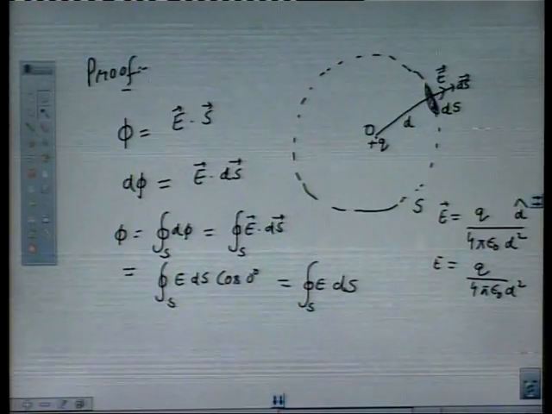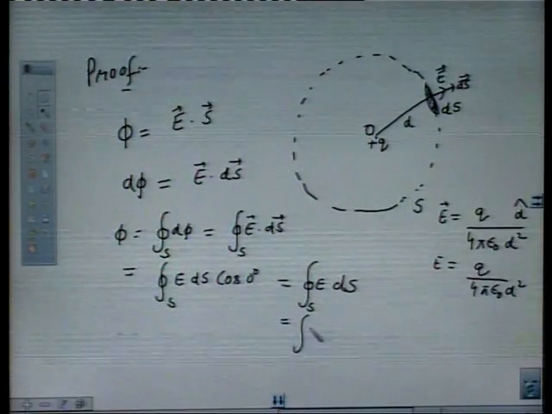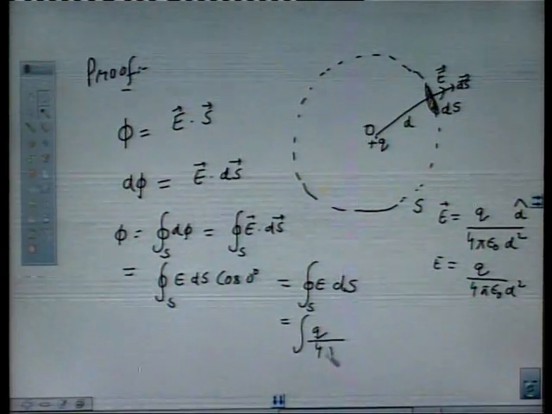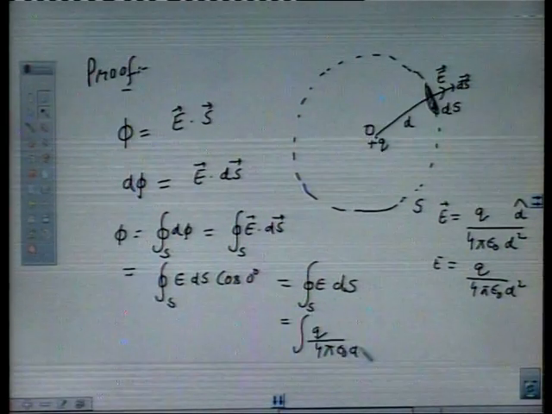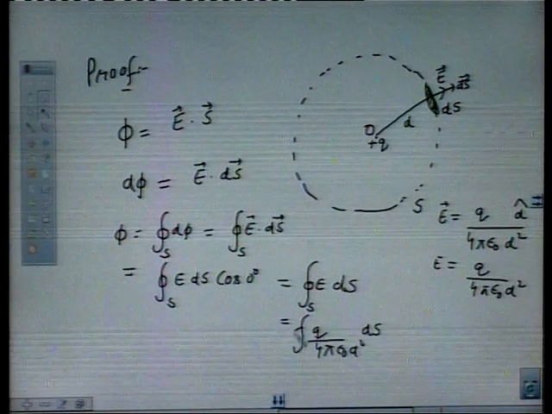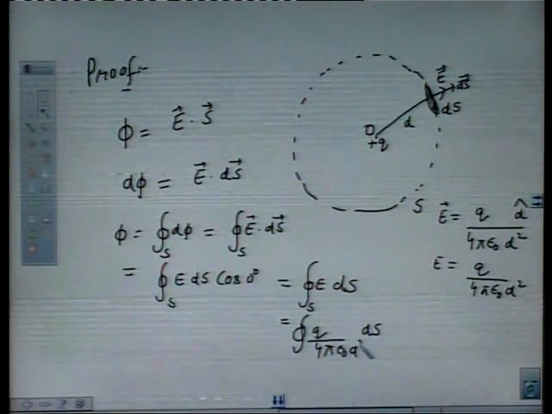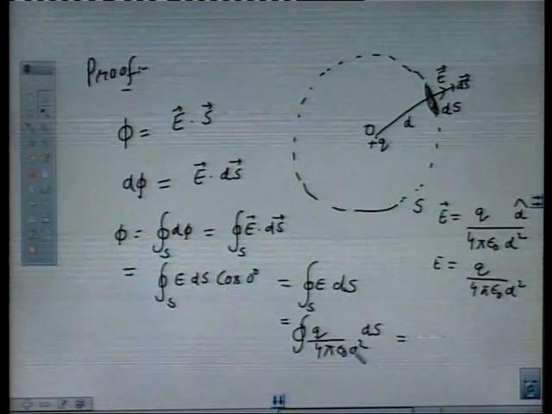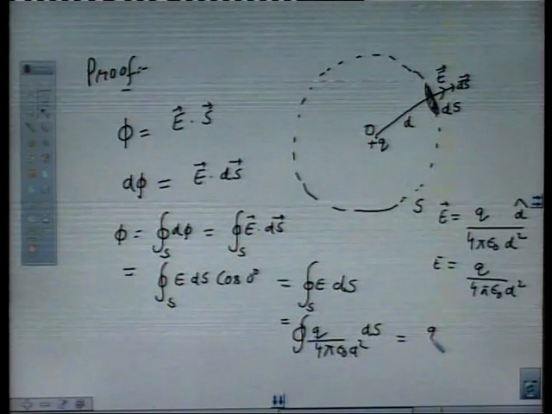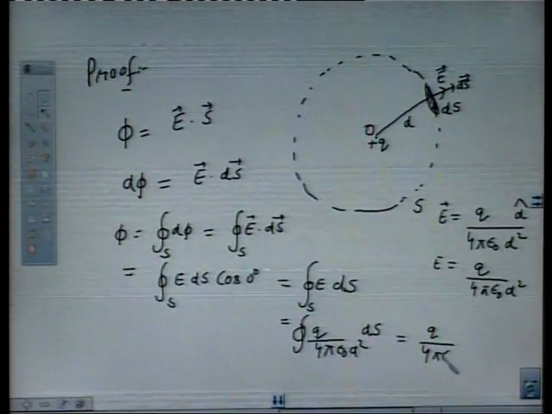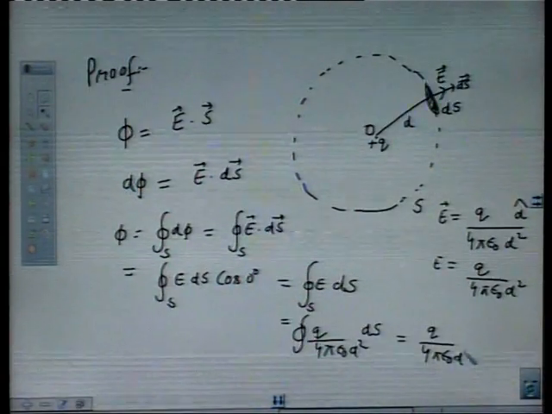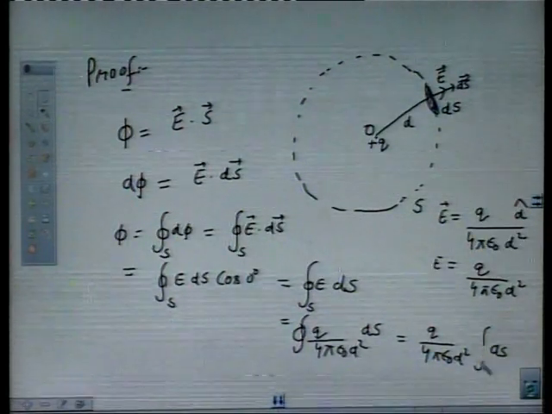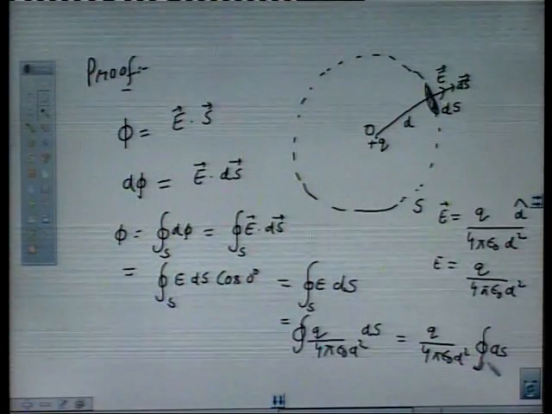Now, putting these values, we have q upon 4 pi epsilon naught d square into the integral of ds over the closed surface S. Now, q, 4 pi, epsilon naught and d square are constant, and these can be taken outside the integration. So, we have the integration of ds over the closed surface S.